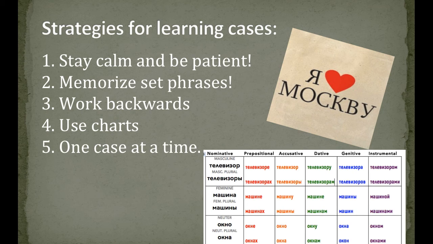The other step, and this is especially if you're in a college classroom, is you'll really just be learning one case at a time. Okay, so as far as the in-depth grammar discussion of things, you'll go one case at a time while you're also memorizing set phrases. And then as you come to those phrases, you'll be like, oh, I know that case because I had been saying it in this phrase that I memorized. So it won't be so overwhelming.